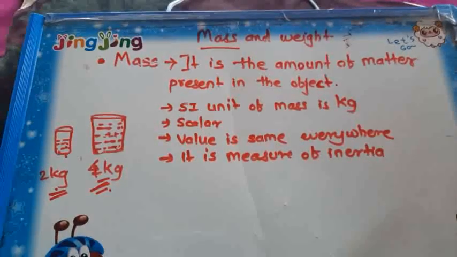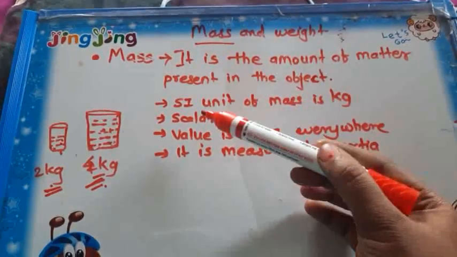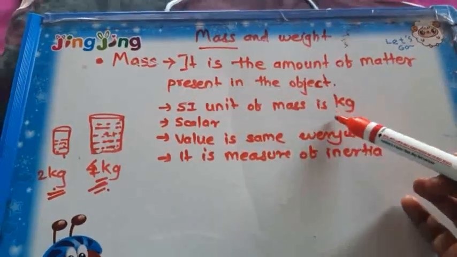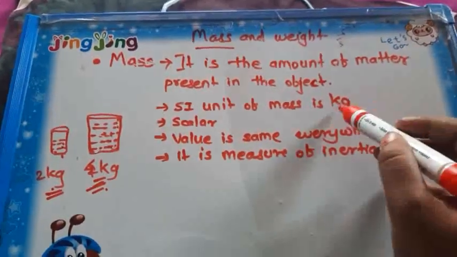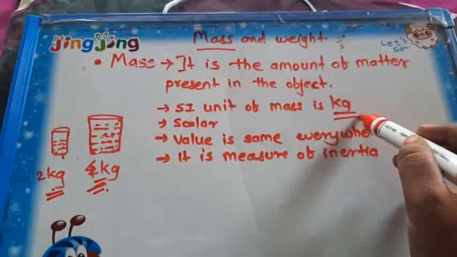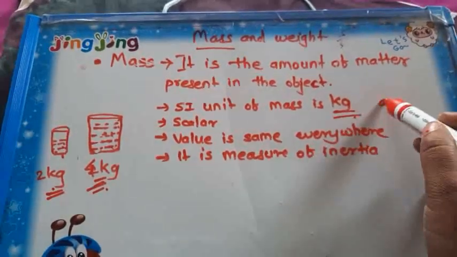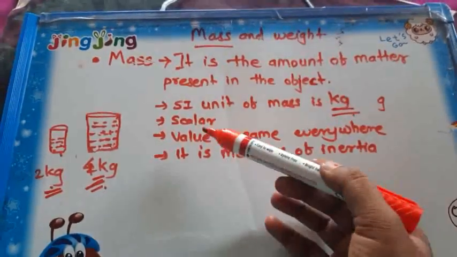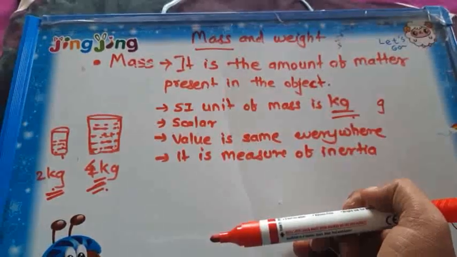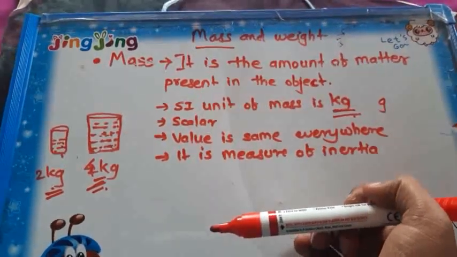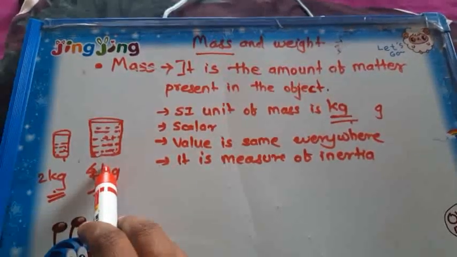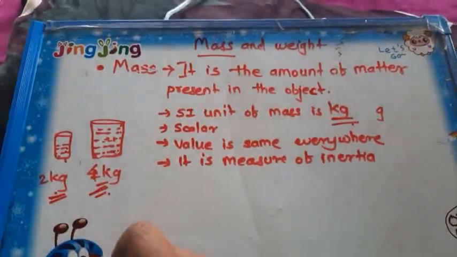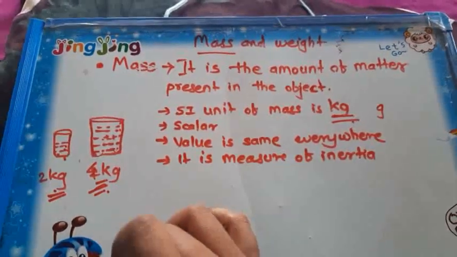Second, the SI unit of mass is kilogram. Means mass is measured in terms of kilogram. Kilogram is the SI unit. A smaller unit for mass is gram. Next, it is a scalar quantity. Why? Because, for example, suppose this cup, if I keep it in the east direction, its mass will be 4 kg.